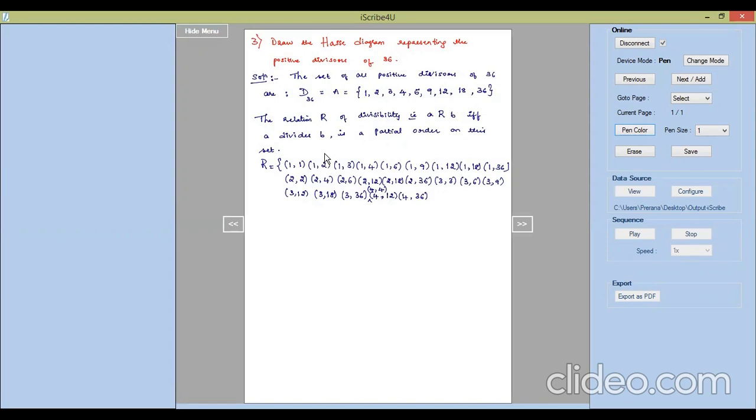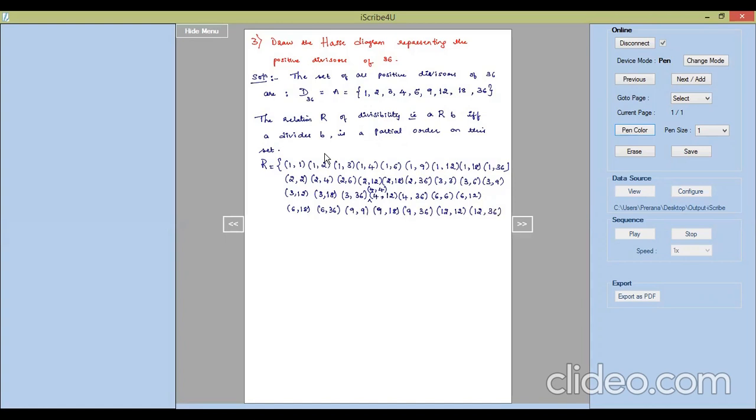Then coming to 6, it is (6,6), (6,12), (6,18), and then (6,36). Then starting with 9, we have (9,9), (9,18), then (9,36). Then the next element, 12: (12,12) and (12,36).